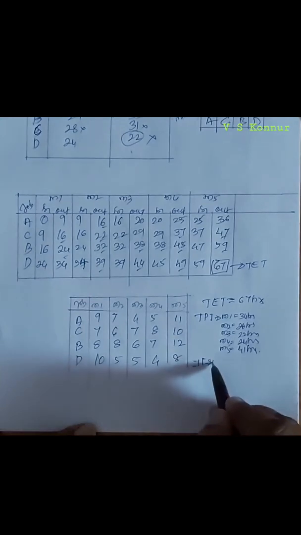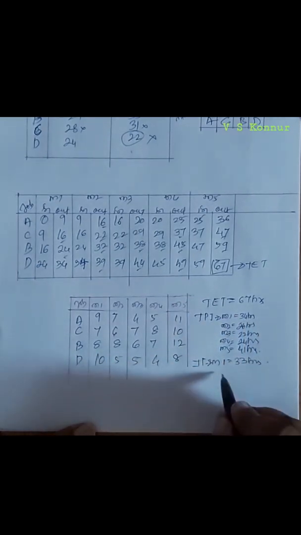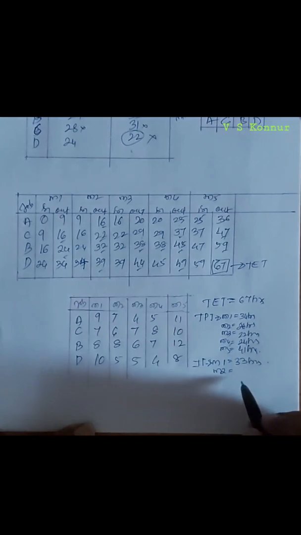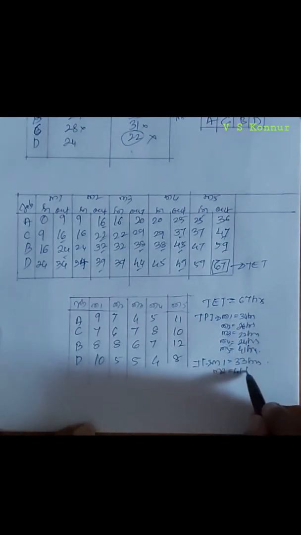Idle time for M1 is equal to 67 minus 34. So 7 minus 4, 3, 6 minus 3, 3, 33 hours idle time. For M2, 67 minus 26, 7 minus 6 it is 1, 6 minus 2 it is 4, 41 hours.